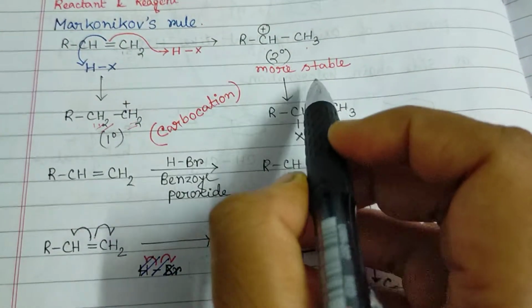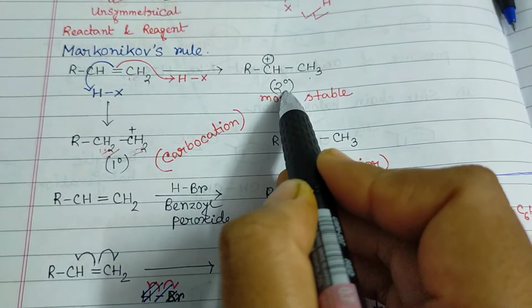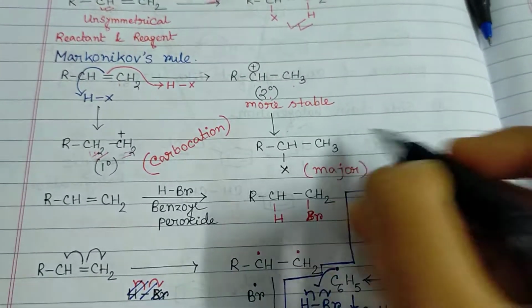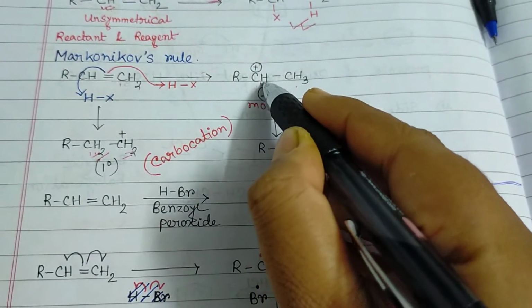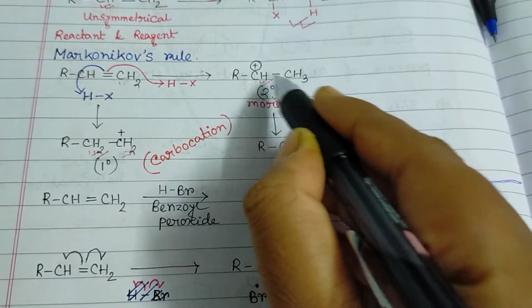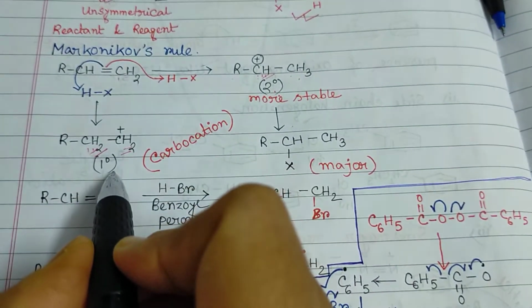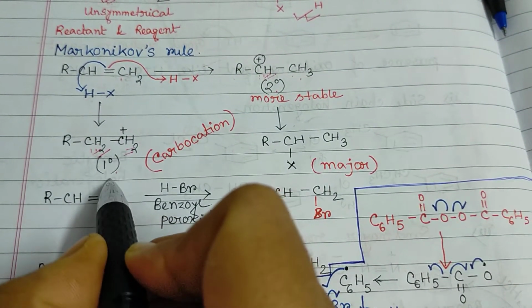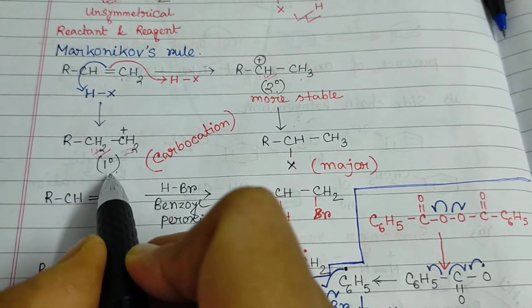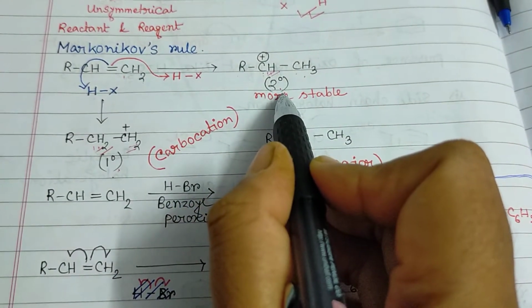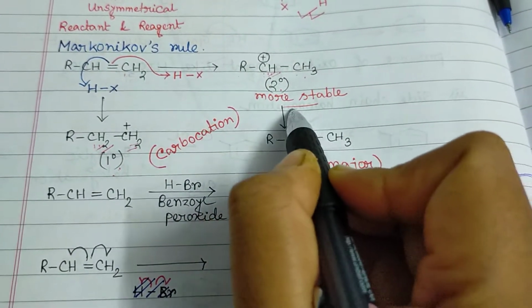That means we can see this is a 2-degree carbocation. Why? Because the positively charged carbon is attached with 2 more substituents, so 2-degree, and we can see this one is a 1-degree carbocation. So between 1-degree and 2-degree carbocation, 2-degree is more stable.